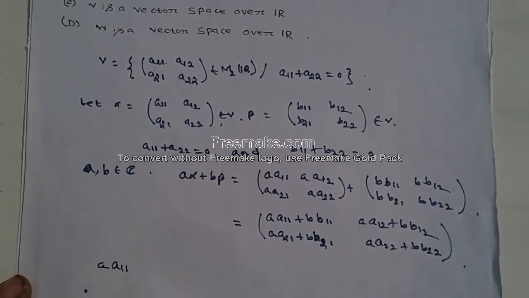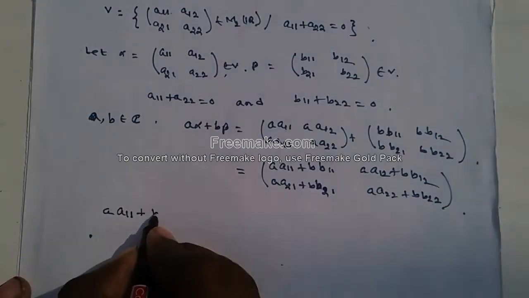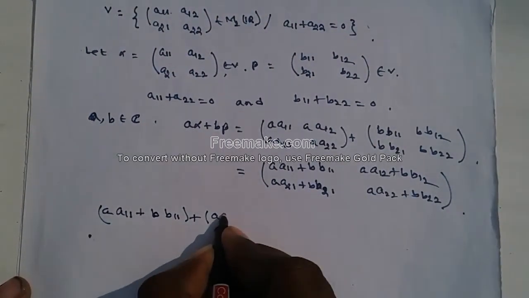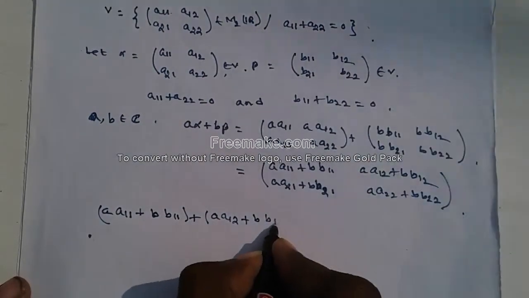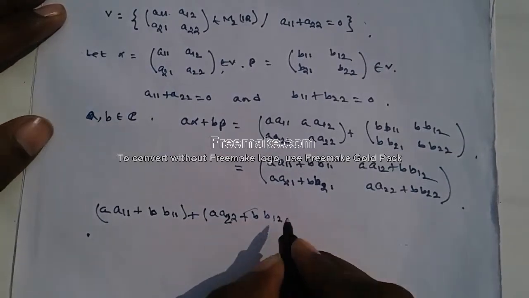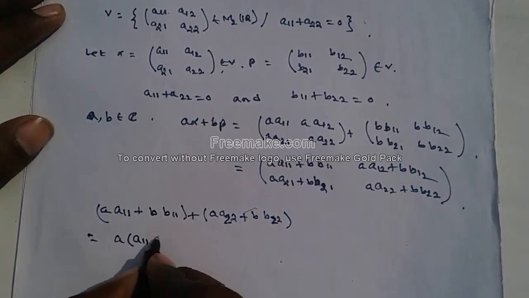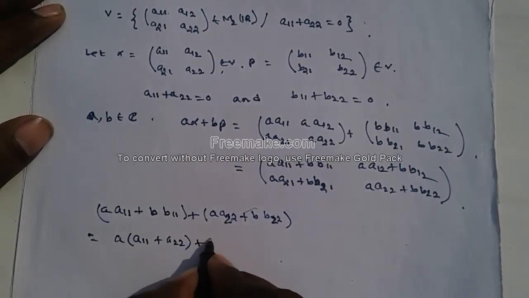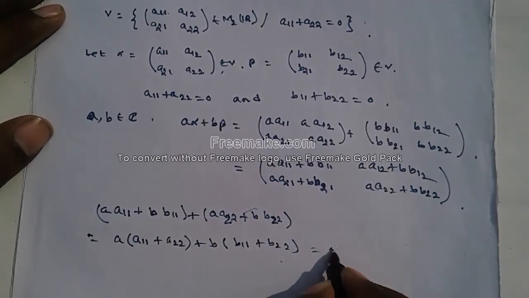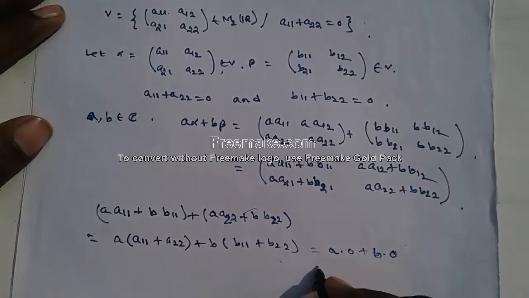Now the diagonal is a·A11 + b·B11 and a·A22 + b·B22, and this becomes a(A11 + A22) + b(B11 + B22), which means a times 0 plus b times 0, so this becomes 0.